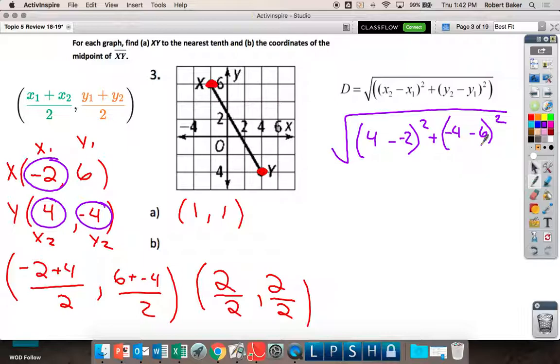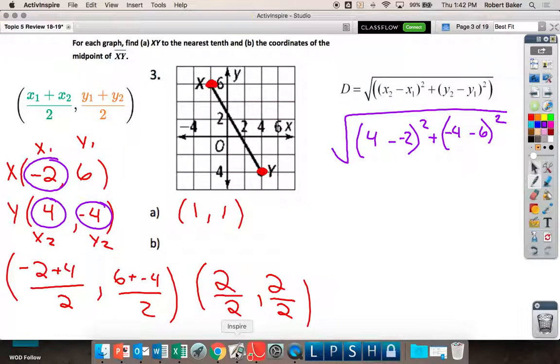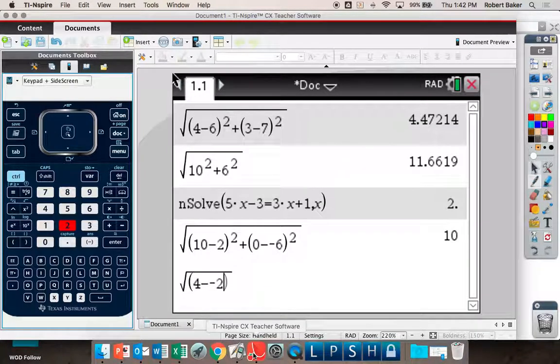So let's try that. 4, negative 2, negative 4, 6. I do the square root of, open parentheses, 4 minus negative 2, close parentheses, squared, plus, open parentheses, negative 4 minus 6, close parentheses, squared.